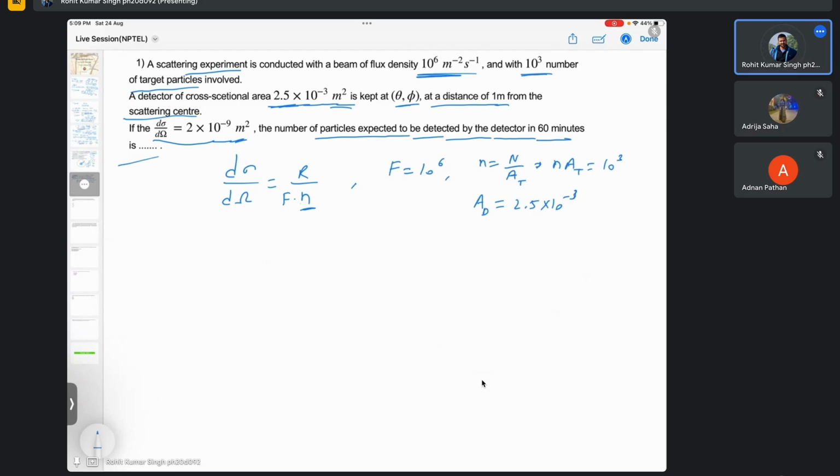Now should we assume this and this to be the same or what? Otherwise we might have a problem. But let's see. And what else is there?